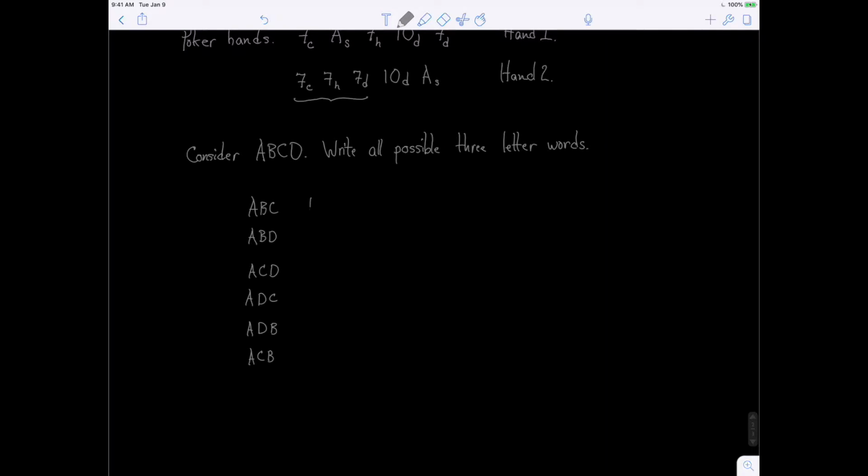Now let's try it again. Now let's start with the letter B. If I start with B's, I could do B, A, C, and then I could switch those.